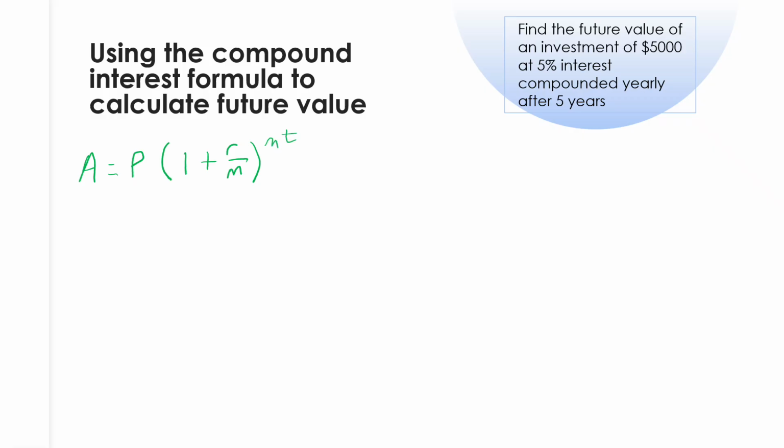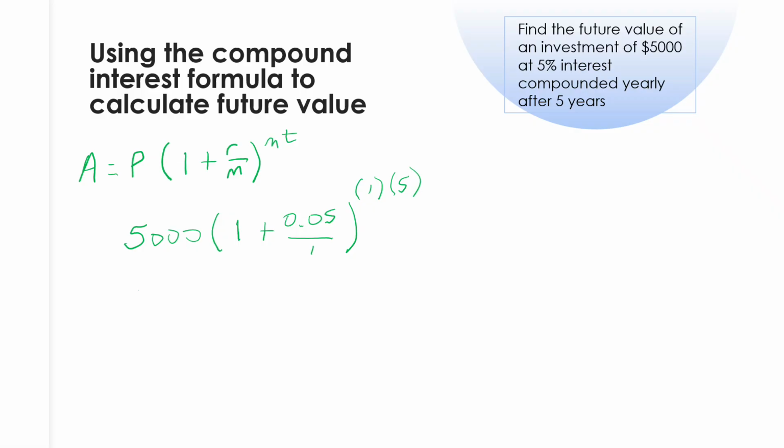Okay, so our principal is 5,000. 1 plus our rate, 0.05. Our number of compounding periods, because it's yearly, is 1. And this is going to be raised to the 1 times 5 power.